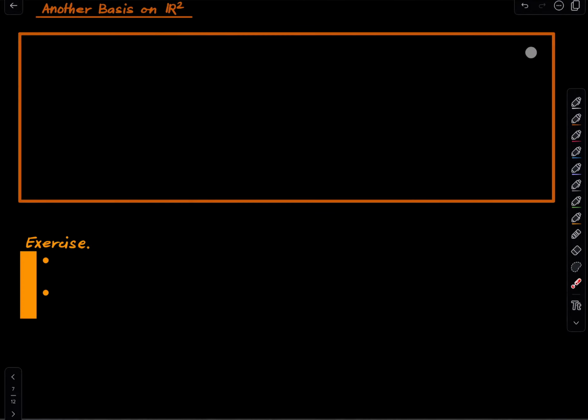Okay, so now we will see another basis on R2. Let A and B be 2 points in R2. We define a new notion of distance between them.